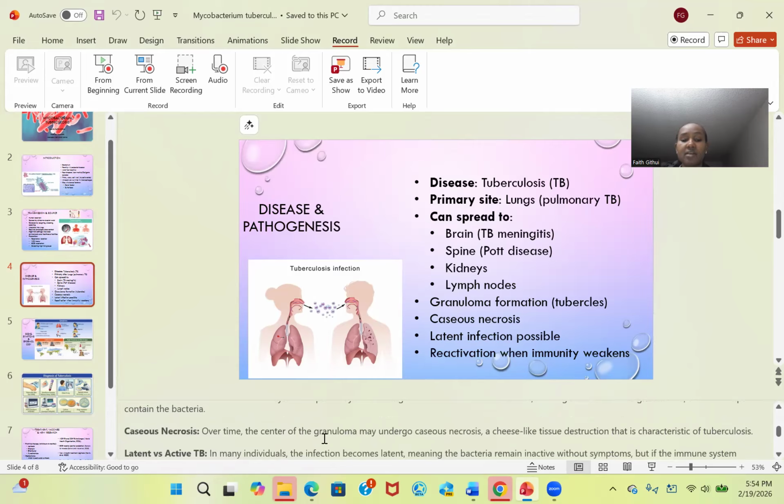Over time, the center of the granuloma may undergo caseous necrosis, a cheese-like tissue destruction that is characteristic of tuberculosis.